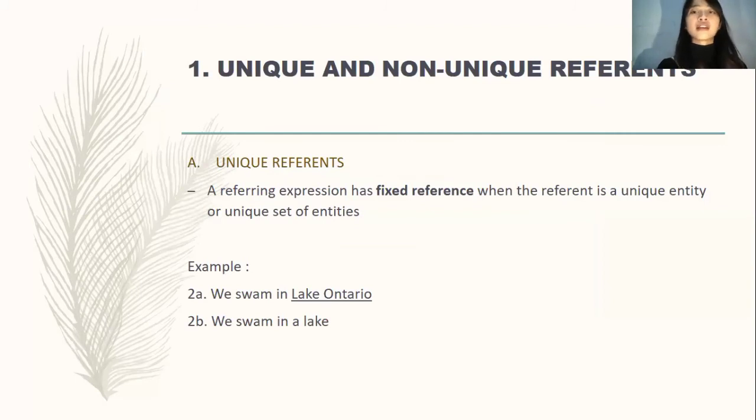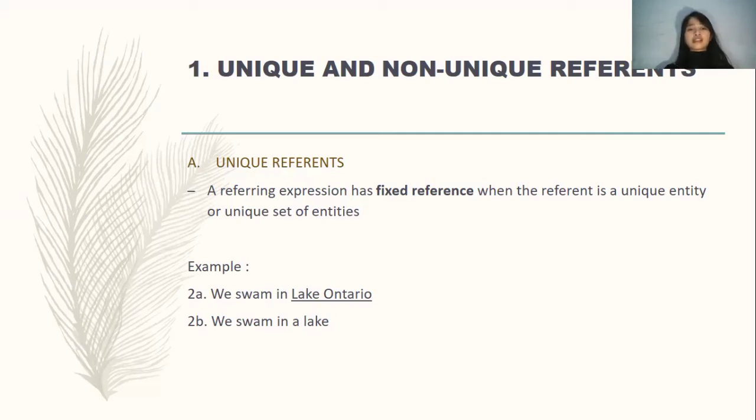First, we have to distinguish between unique and non-unique reference. Unique reference is a referring expression that has fixed reference, when the reference is a unique entity or a unique set of entities. Unique reference talks about something fixed.